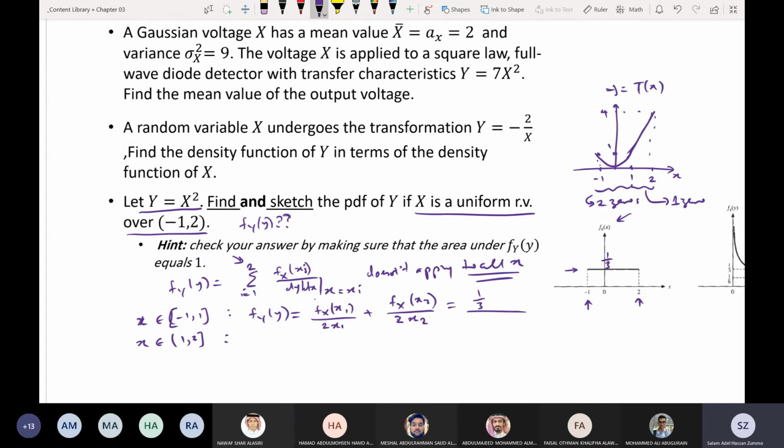What is the value of x? X here equals plus minus square root of y, right? So here we have 1 over 3 of square root of y. And we have 2 values of these, so we have multiplied by 2.